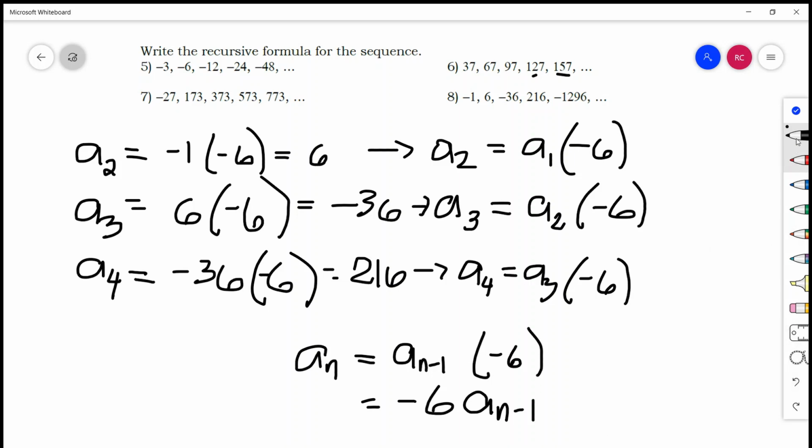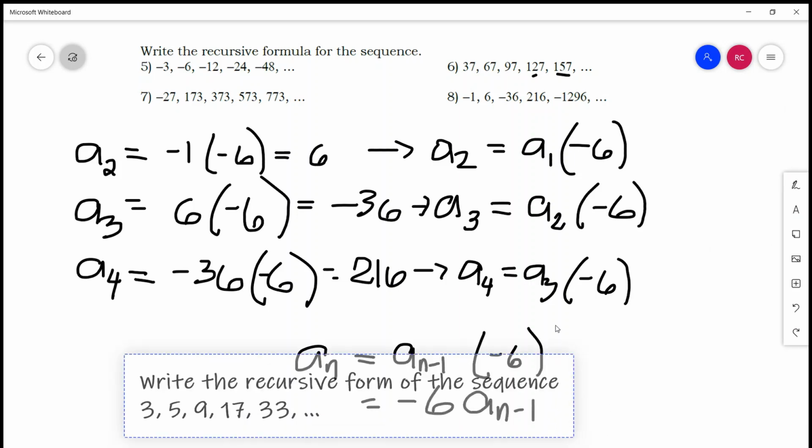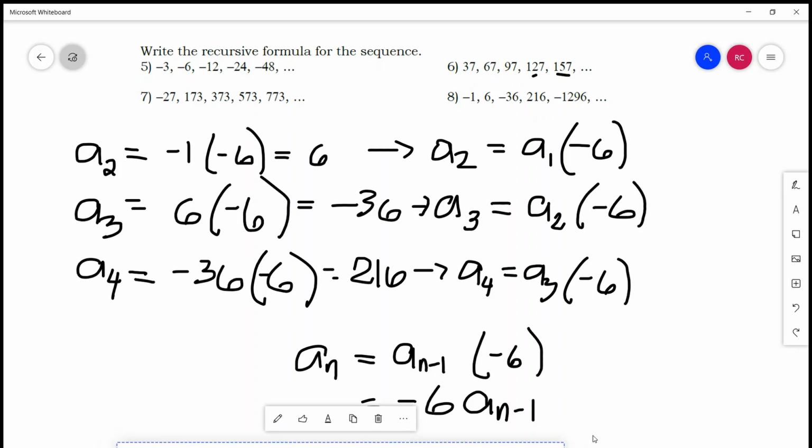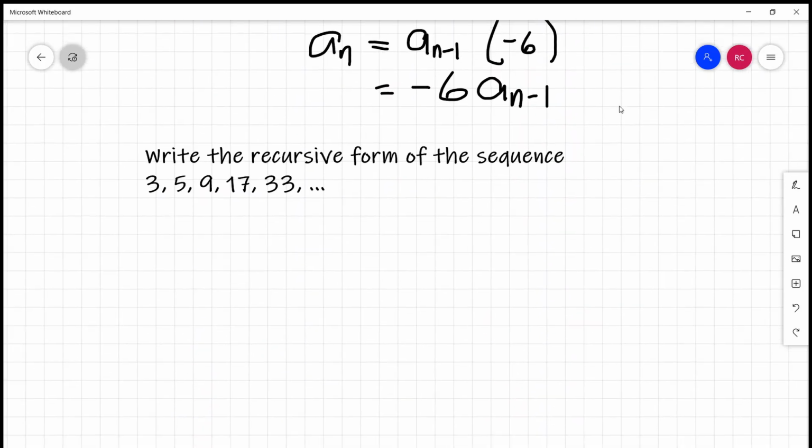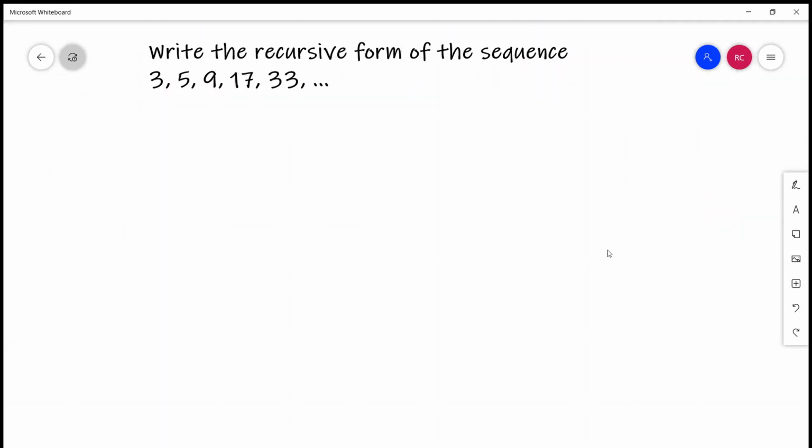So we have here another problem. So write the recursive form of the sequence 3, 5, 9, 17, 33.